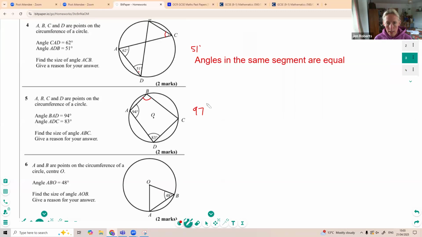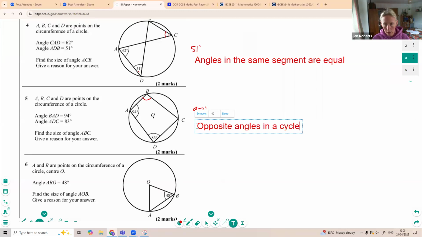And my reason is opposite angles in a cyclic quad add to 180.